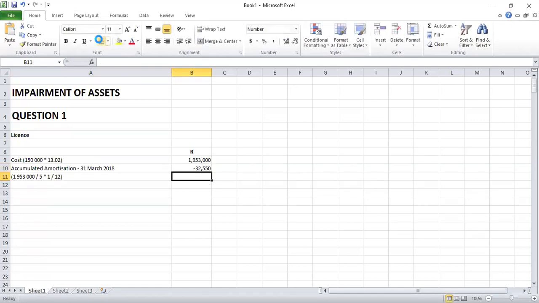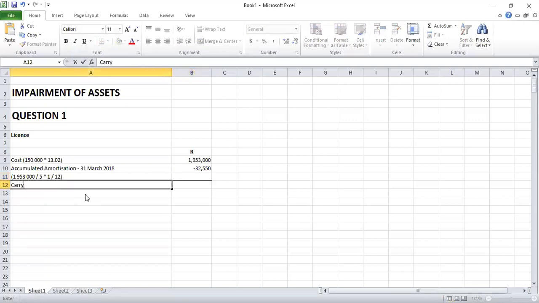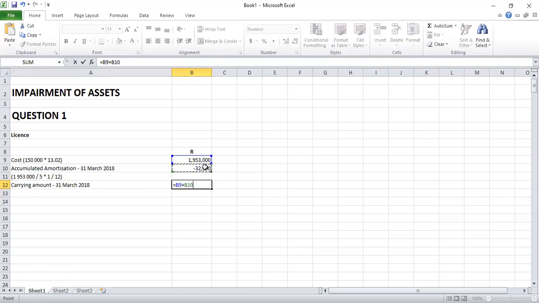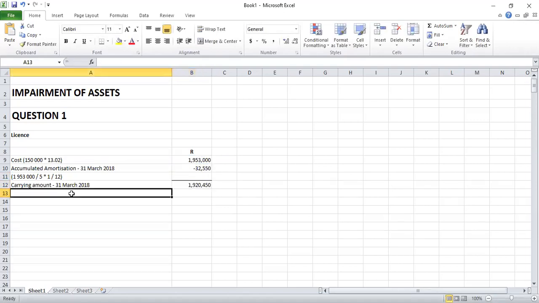Right. Then we get our carrying amount on 31 March, sorry, 2018. Right.